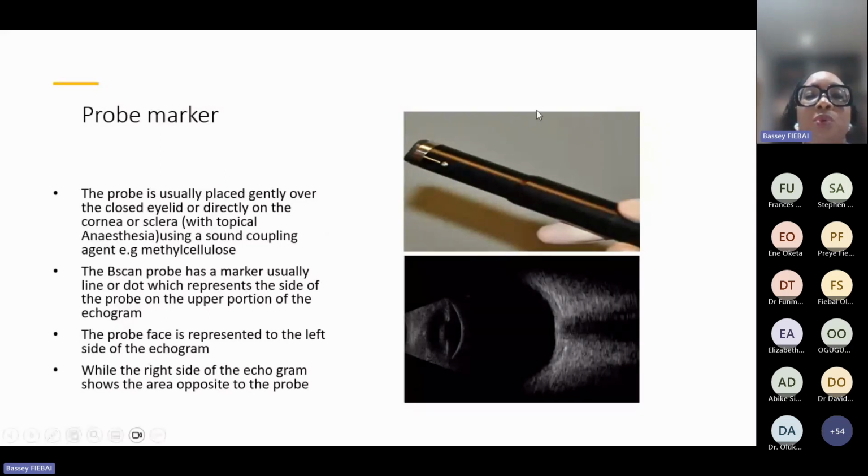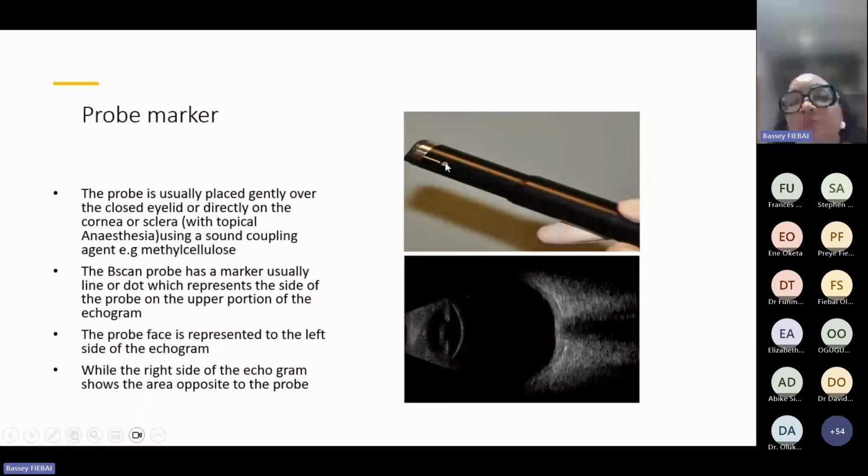The marker on the probe is very important because it will represent the side of the probe on the echogram. It is usually represented by a line or a dot, and some companies may put their logo. So the first thing you do when you handle a probe is to identify where the marker is.